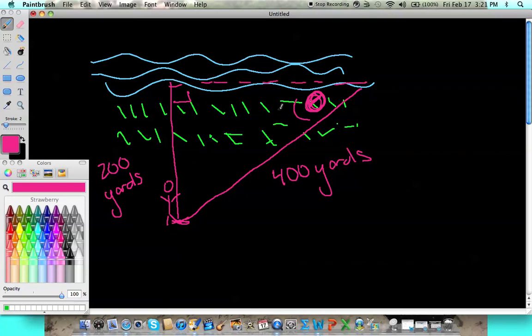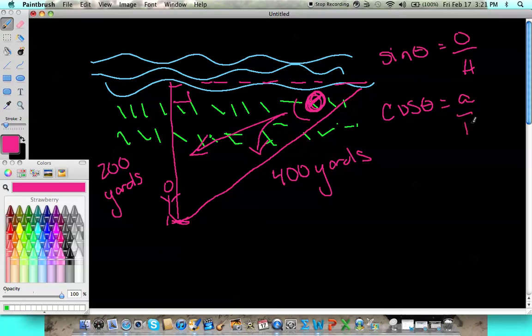So again, if I want to find that angle, I know the opposite and the hypotenuse. So which of my trig functions relates opposite over hypotenuse?